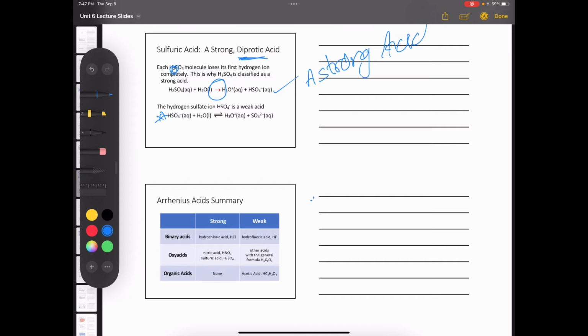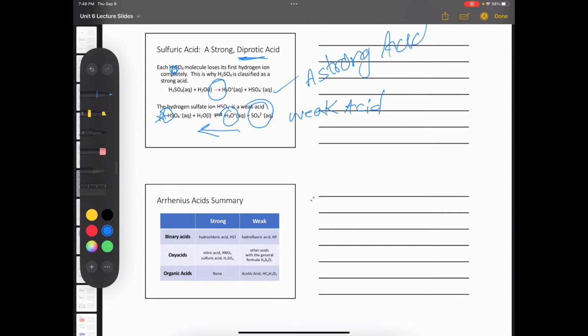That's because the sulfate anion right here, this polyatomic anion, is unstable and will eventually grab the proton from the H3O positive and reverse the reaction back toward the reactant side of the equation. So that's why this second proton is considered a weak acid. It could be an indication for you to tell if it is a weak acid or a strong acid reaction.